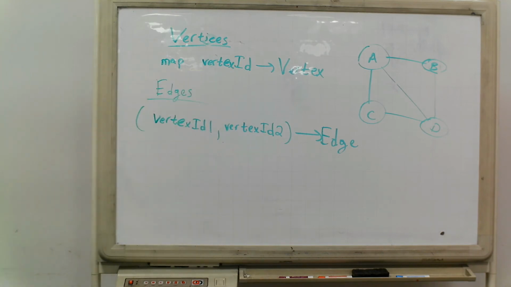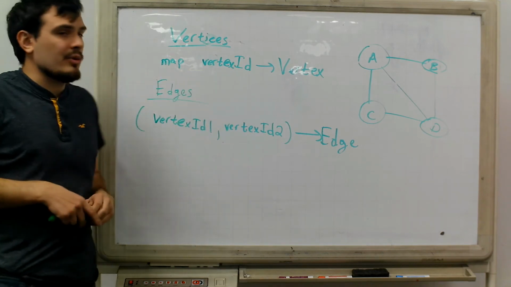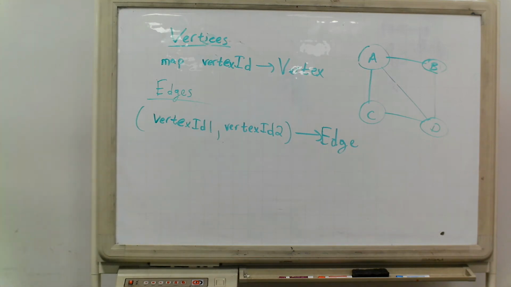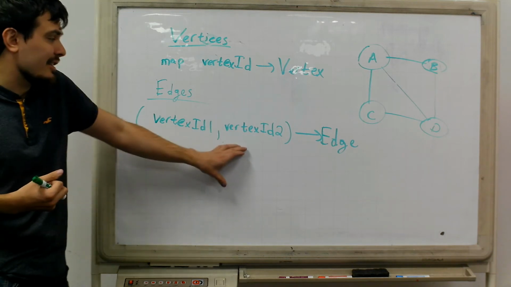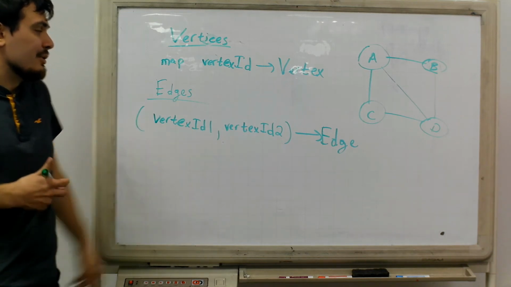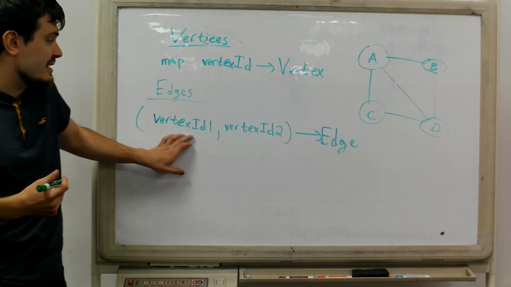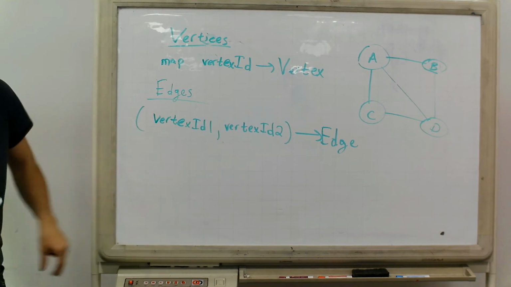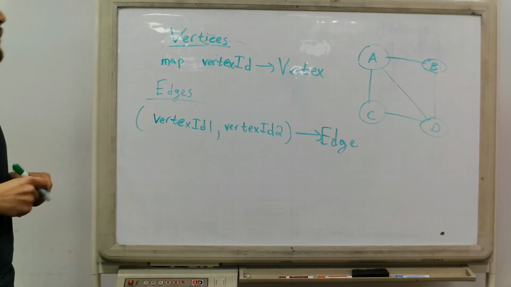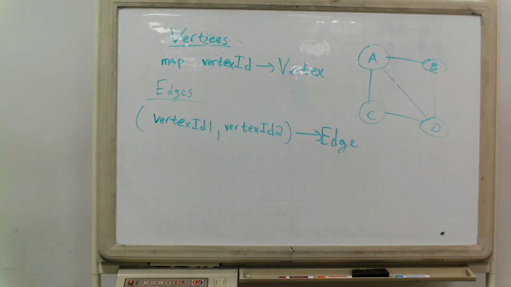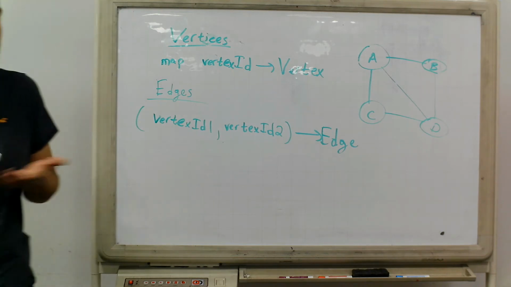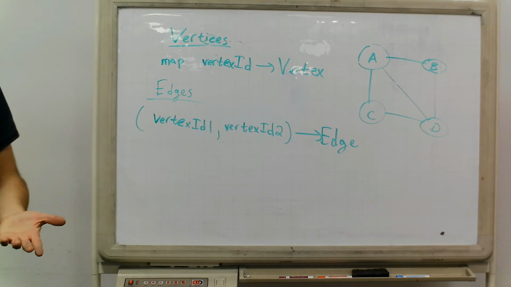But the problem here is what if I want to find out all of the people that person 1 is connected to, right? I don't really have a good way of doing that, because this is indexed on both of these attributes and not just on vertex 1. So what would be better, and now you can probably anticipate the next direction, is if vertices themselves had information about what they're connected to.